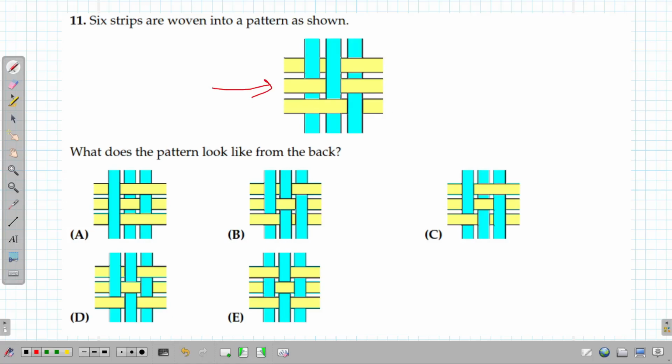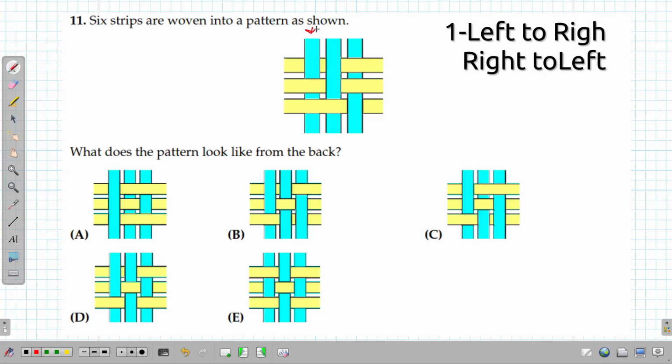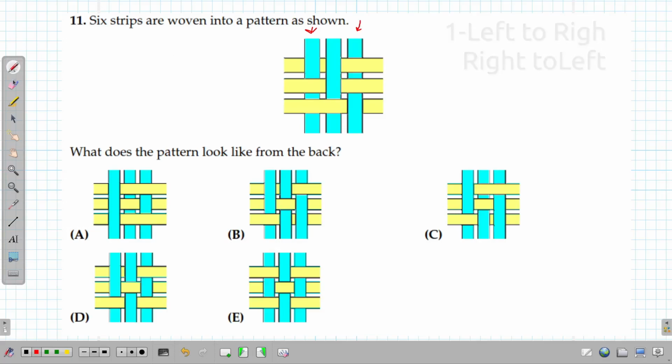Okay guys? So in order to solve this question, we have to keep two things in mind. The first thing is that if you look at something from the front, which is on the left, for example, this blue strip, it is on the left. So if we look at it from the back, it will be on the right, so it will be over here. That's the first thing.